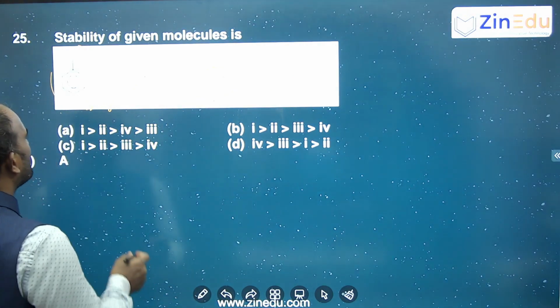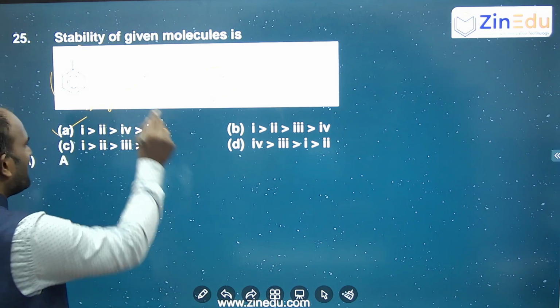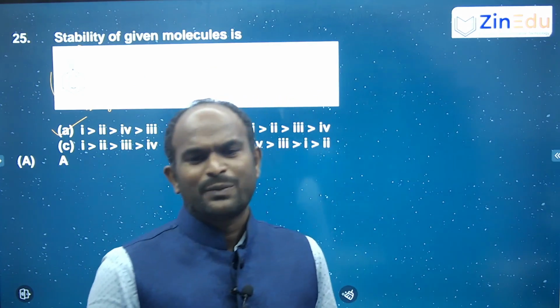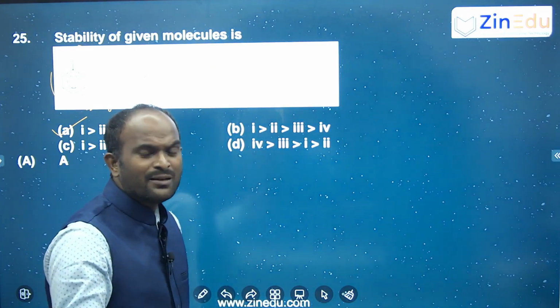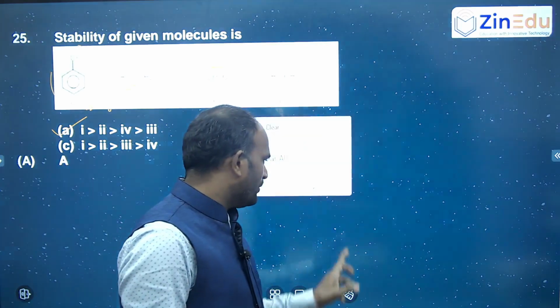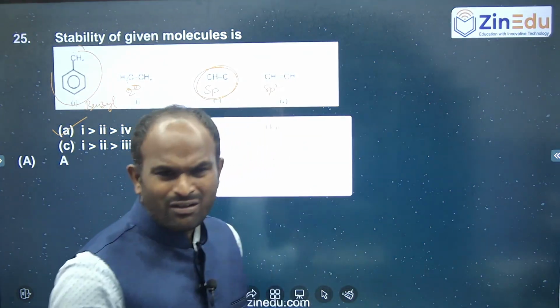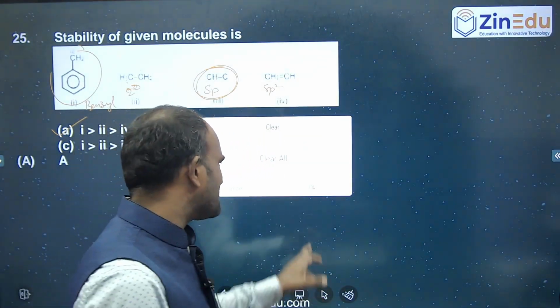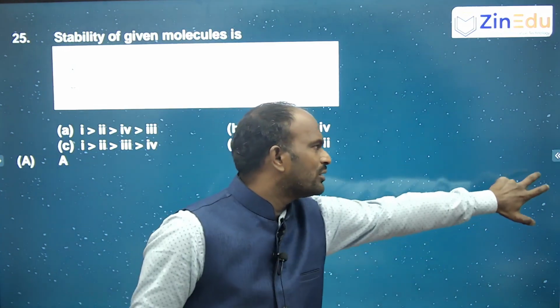Therefore, what is the order? 1 is greater than 2 is greater than 3 is greater than 4. Because for the sp hybridized as well as the sp2 hybridized, the electronegativity is more. Therefore, carbocation stability is going to be decreased. More is the electronegativity, the stability of the carbocation is going to be decreased, or the charge present on that particular system is going to be increased. That is what we have been talking about.